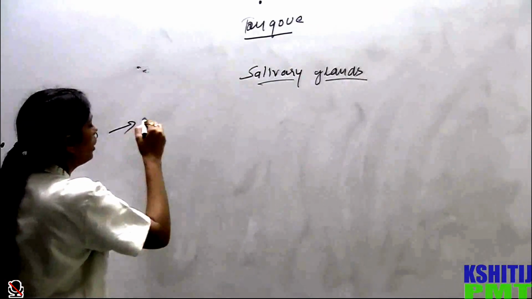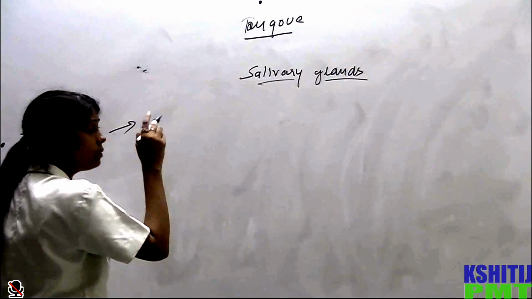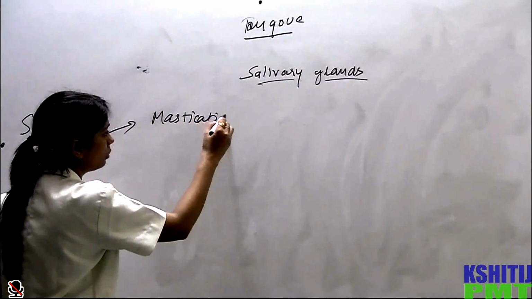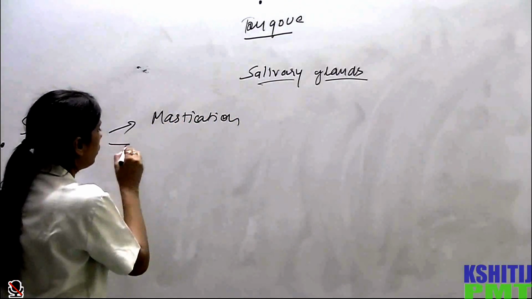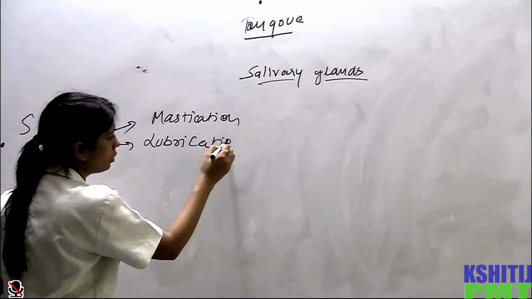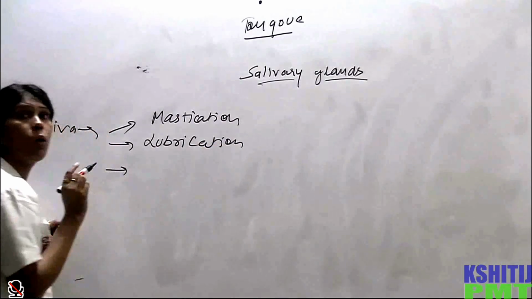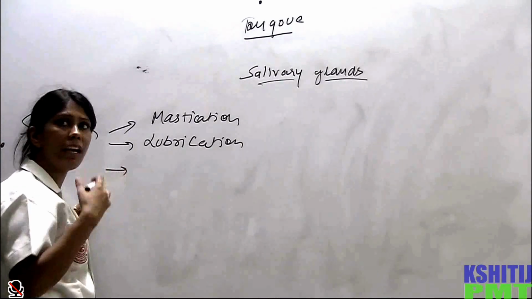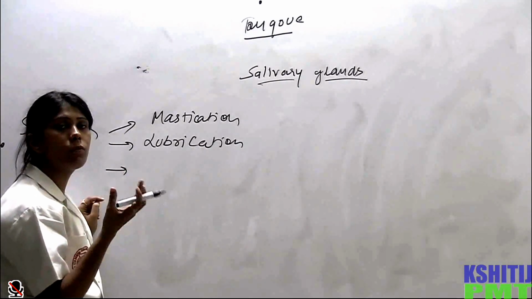Like first of all, it helps in mastication, that is chewing of food. Then it helps in lubrication of food. Because of this lubrication only we can swallow, or deglutate. Deglutition is the word for swallowing.